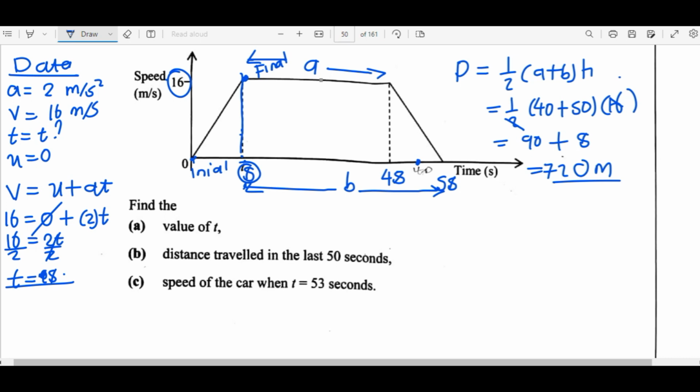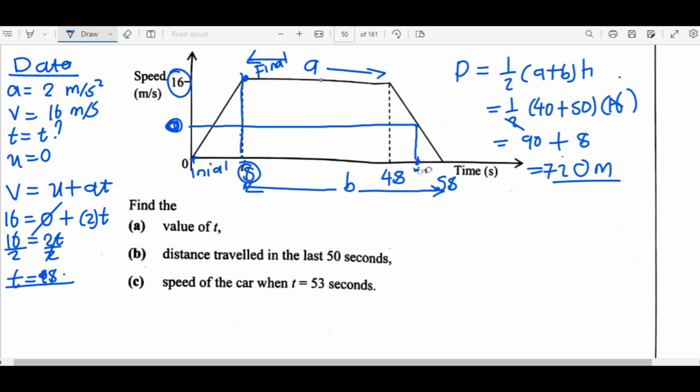Then what we're supposed to do is draw the line from the point where we consider t to be 53, then we touch the slanting line, then we turn 90 degrees. So you draw a line, then it moves. We want the speed at this point.